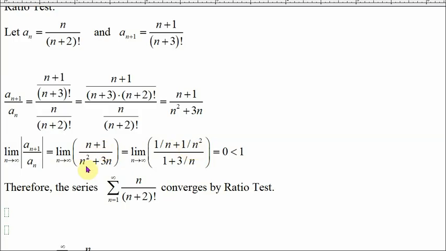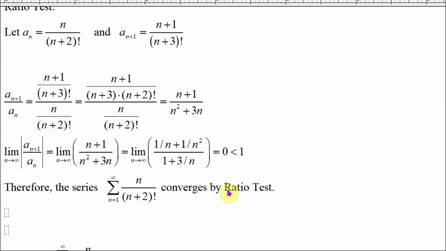N squared divided by n squared is 1. 3n divided by n squared is 3 over n. As n approaches infinity, 1 over n approaches 0, 1 over n squared approaches 0, 3 over n approaches 0. And so we get 0, which is less than 1.